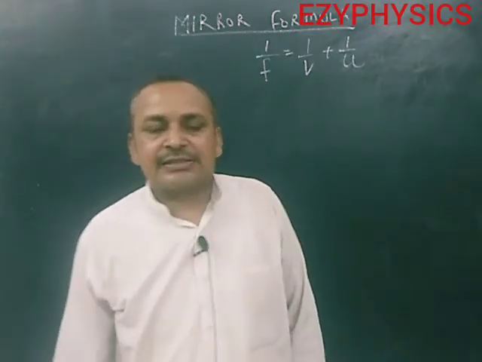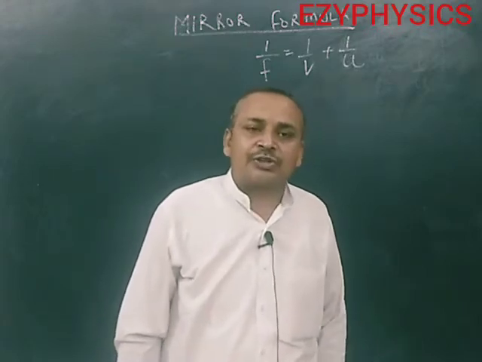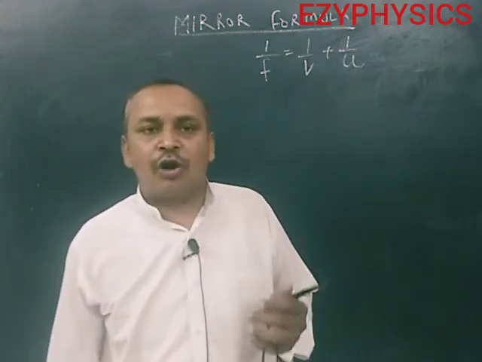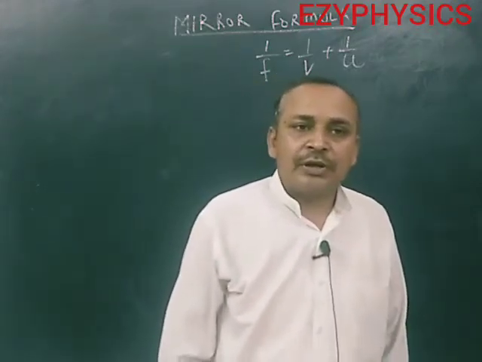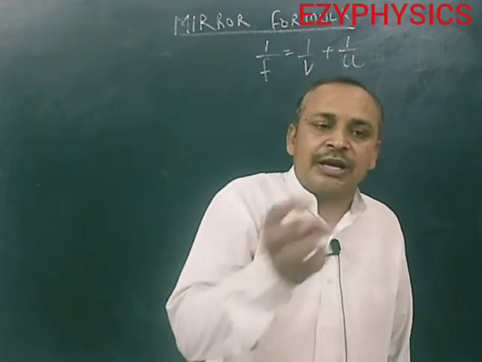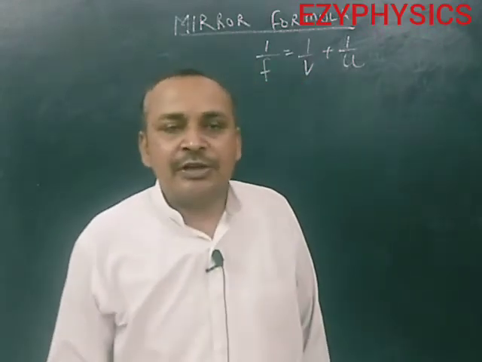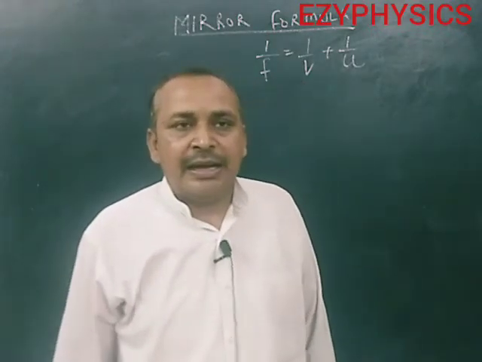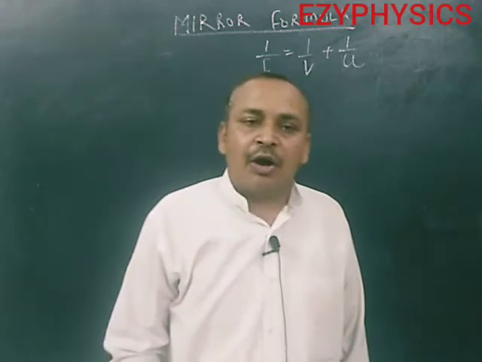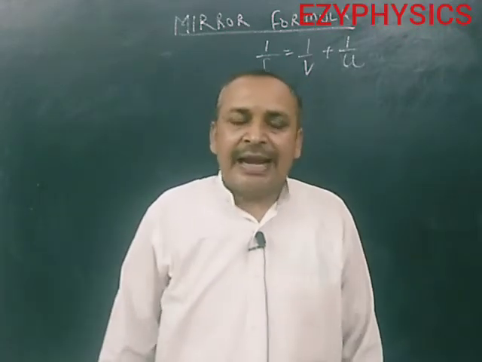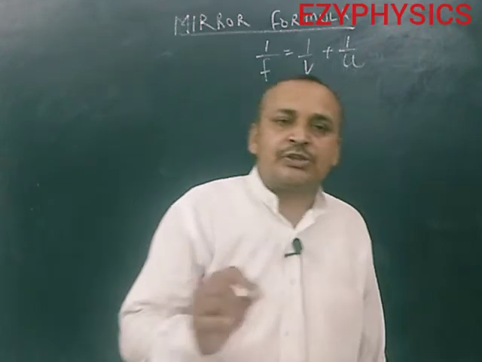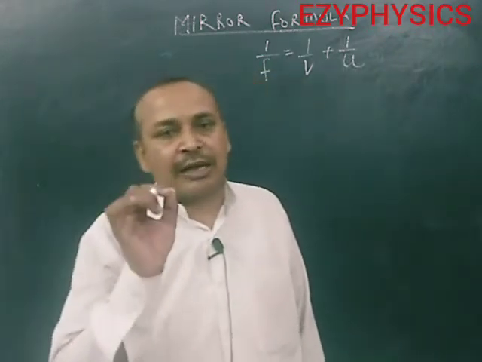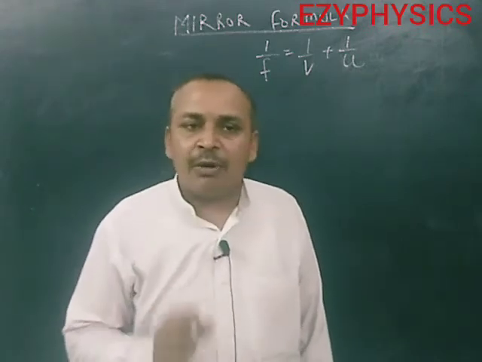But before we start this class, two things we should revise first. First thing is that you all have understood in your previous classes how to draw the images of the objects during reflection and refraction when they are placed at certain positions in front of either a mirror or a lens. And whatever steps we were using to make those diagrams, we should have a clear idea about. This is number one.